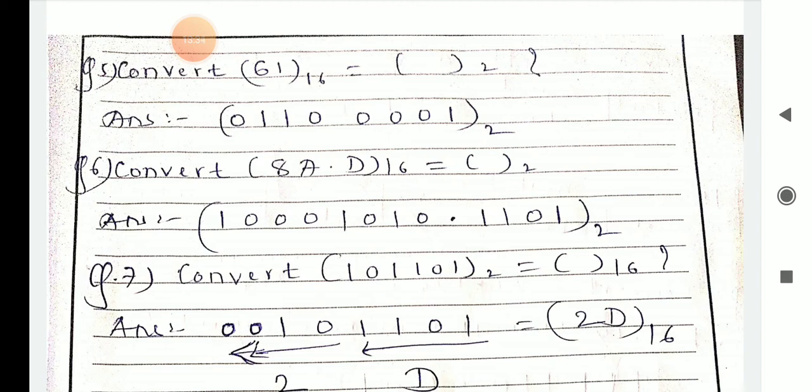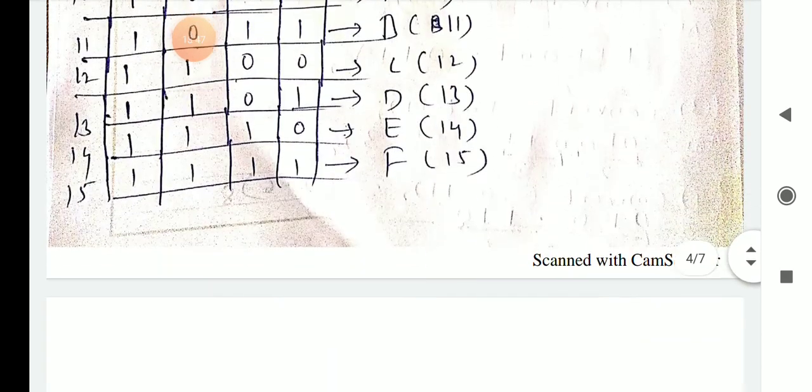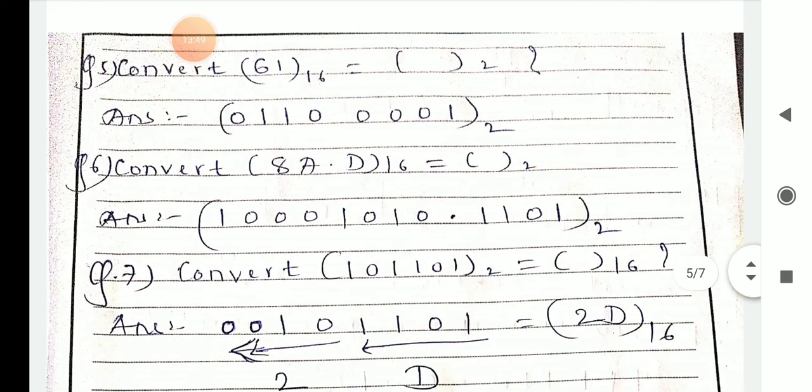So second problem, with the decimal point. Convert 8A.D hexadecimal number into binary. So again go to the table. 8, where is the 8? 8 is here, 1000. You can write. Where is the D?